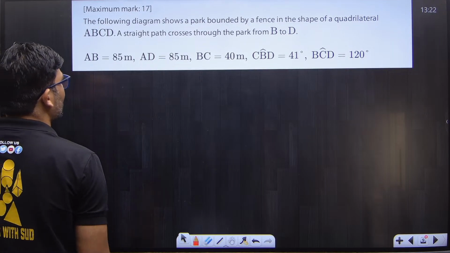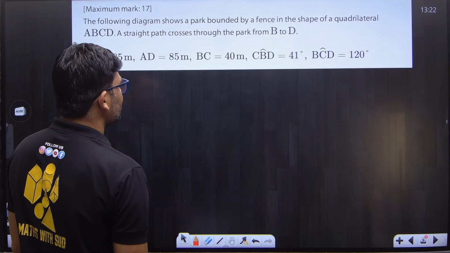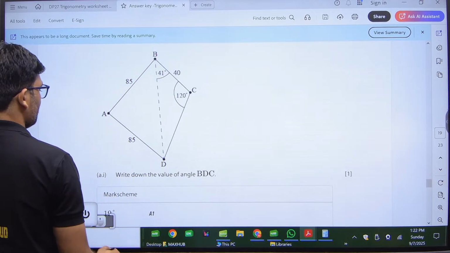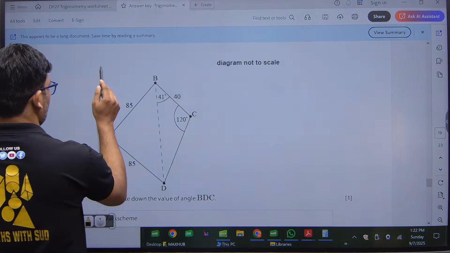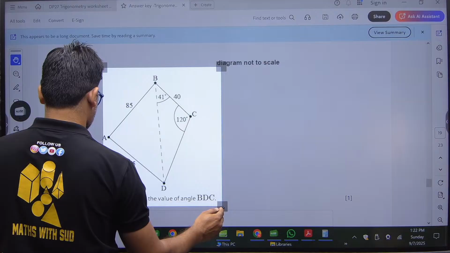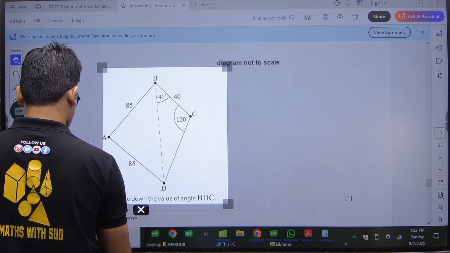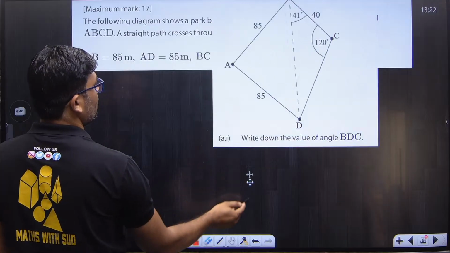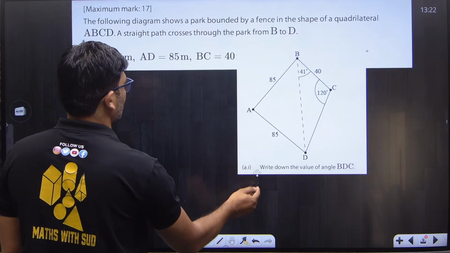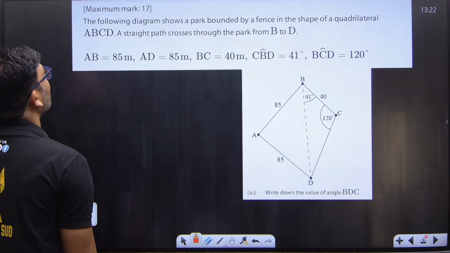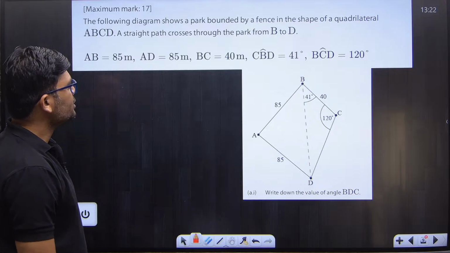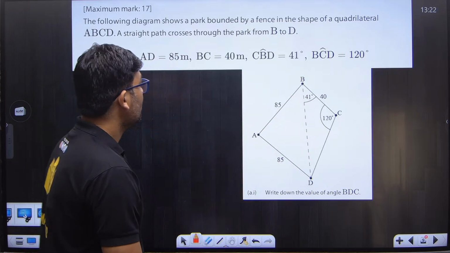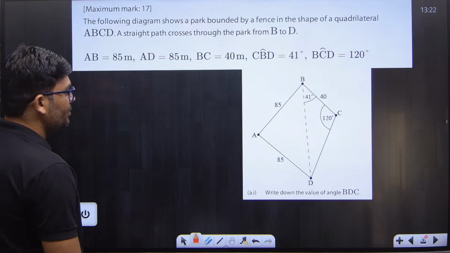The following diagram shows a park bounded by a fence in the shape of a quadrilateral ABCD. A straight path crosses through the park from B to D. So this is a diagonal you can see. AB is 85 meters.